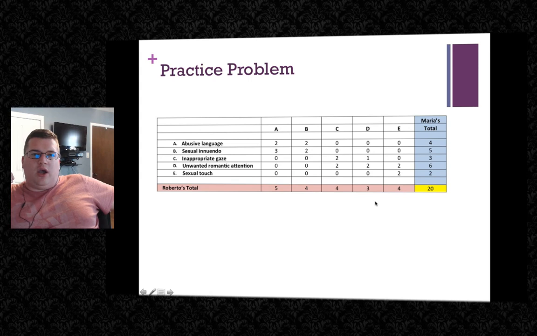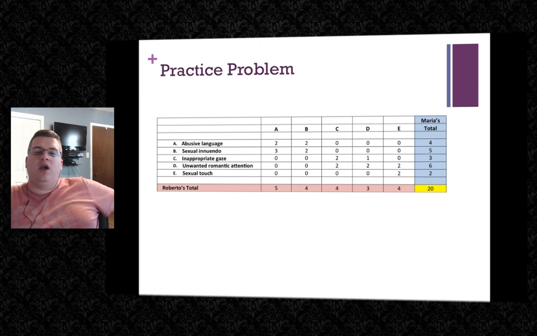So I believe your book talks about several different methods for establishing intercoder reliability. One that I've used many times is called Krippendorff's alpha, and it's one that you would break down according to each of the individual categories and go abusive language to abusive language. What are we seeing? Sexual innuendo to sexual innuendo. What are we seeing? Inappropriate gaze to inappropriate gaze.